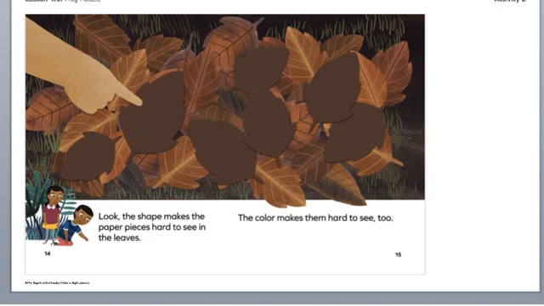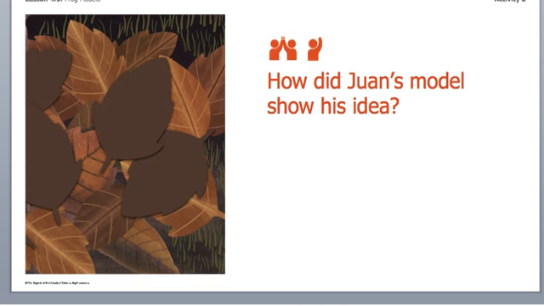So think out loud or talk to someone next to you and share your thinking around what was Juan's idea. Right, the frogs are a shape that is very similar or almost the same as the shape of the leaves, so the snake could not see them hiding. How did Juan's model show his idea?